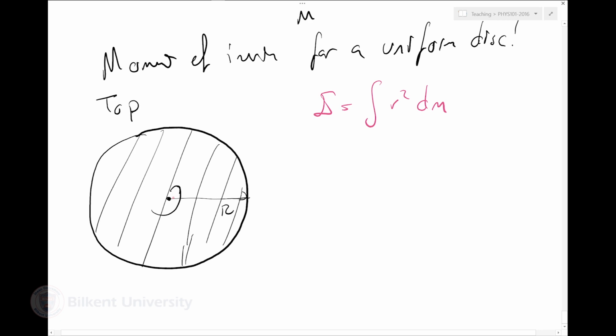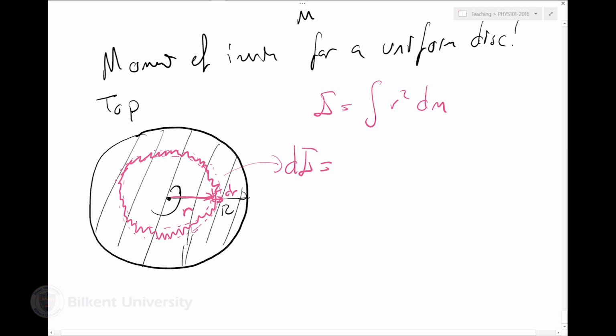So if I have a radius r, I'll choose a thin slice of thickness dr. I would like to calculate the moment of inertia of that ring.